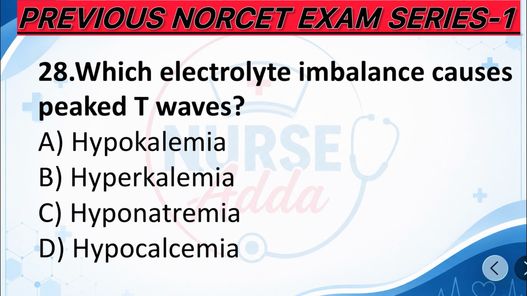Next one, which electrolyte imbalance causes peaked T waves? Hypokalemia, hyperkalemia, hyponatremia, or hypocalcemia. The right answer is option B, hyperkalemia.